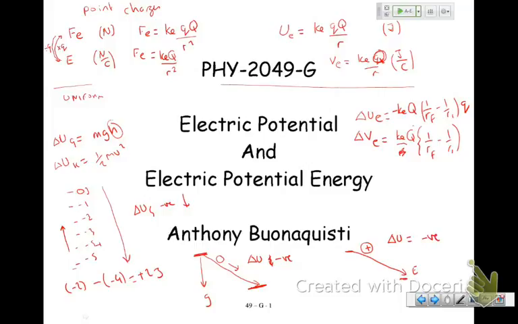If an electron goes with the electric field, it doesn't want to go with the electric field. If the electron is going with the electric field, then it would be the opposite, because you're doing work to do that, so it would be positive. So signs are a little bit more confusing with this because we have both positive and negative charges. Think of positive charges as being like boulders, and the electric field as being like gravity, and you can visualize very often. Okay, with that, let's go through it.